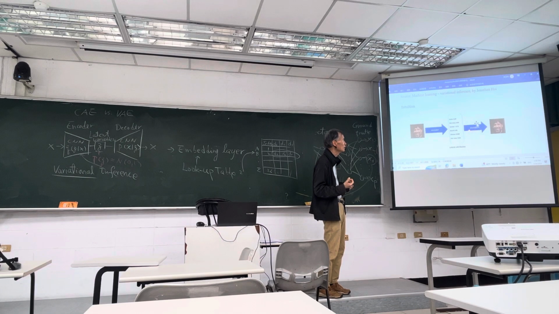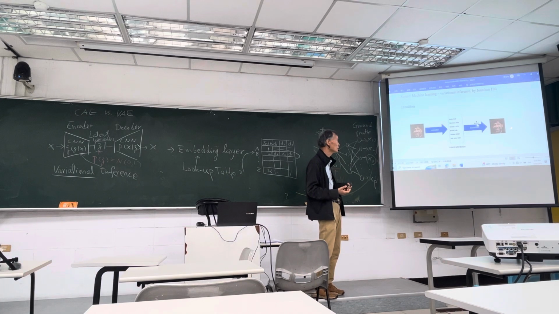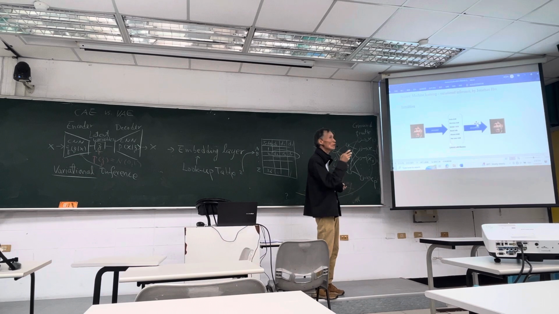Then, based on the latent variable, we input it to the decoder, which is the generator. We try to generate the image, with the objective that the output image should be as close as possible to the input image. And we have another term in the loss function.